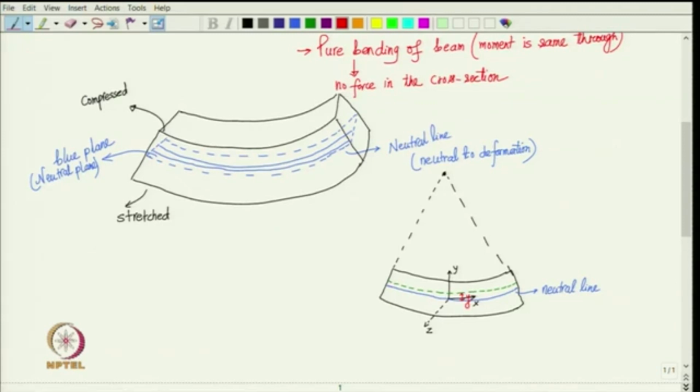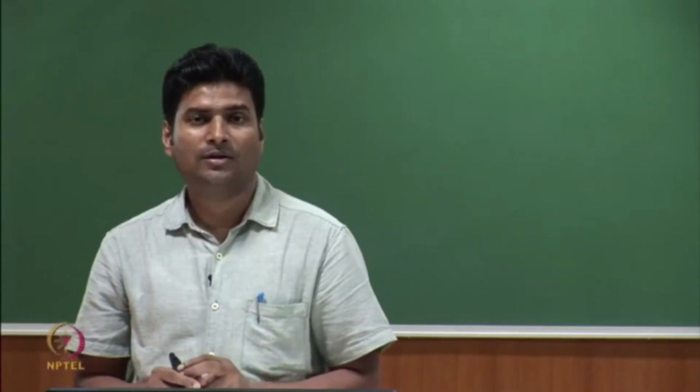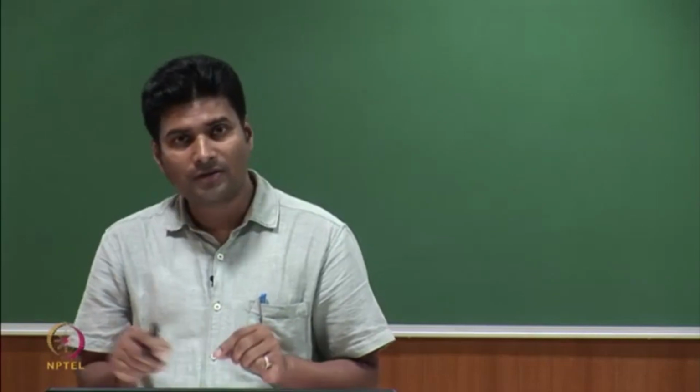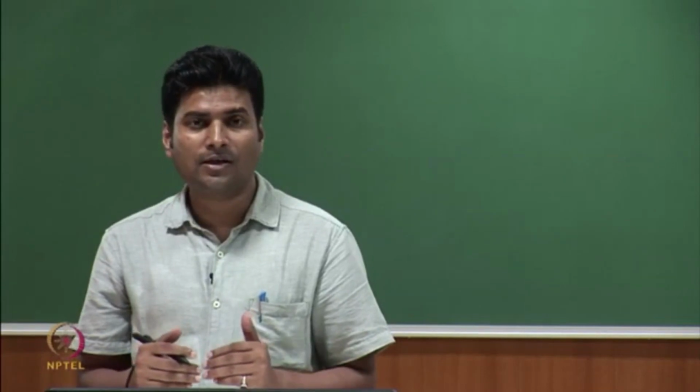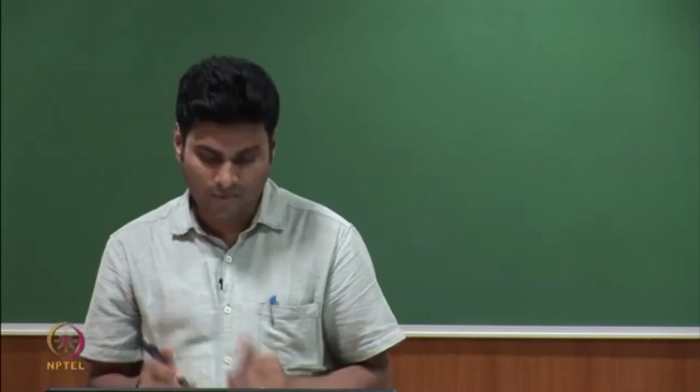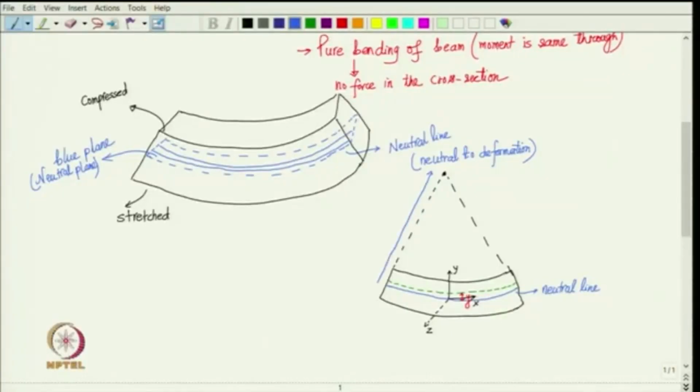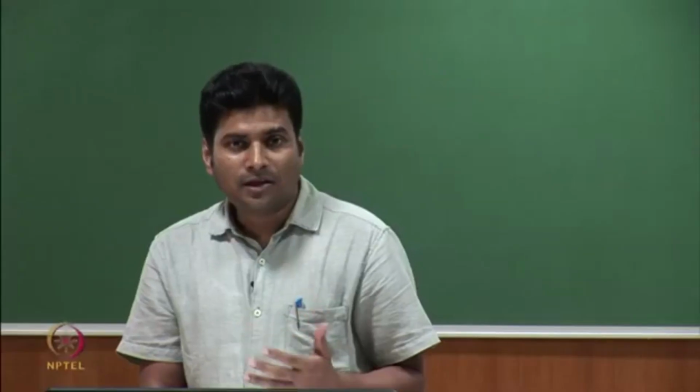All right. Now, you see all these lines, the blue line or the black line or the dashed green line, they are all part of the circle, right. They all form different circles. The blue line will say that the circle has got the radius big R. Okay. From the center to this arc, the radius is big R. For the green line, which is not a neutral line, the circle would then be big R minus y, is not it?